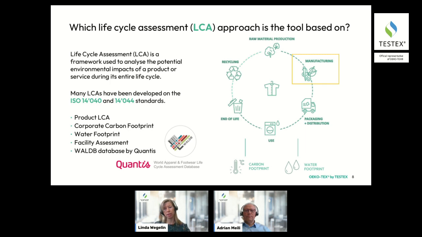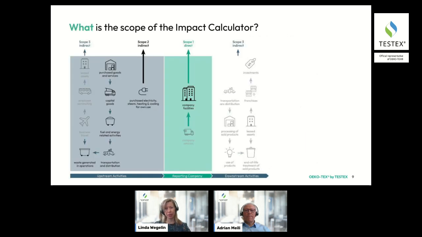So when we talk about data, what scope does the impact calculator look at? The main focus is the reporting company, our STEP facilities, which is scope 1. That's the main part. We also have scope 2 included, which is the purchased electricity and fuel, such as coal or heating oil.